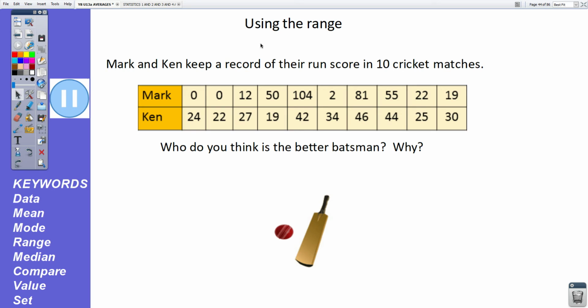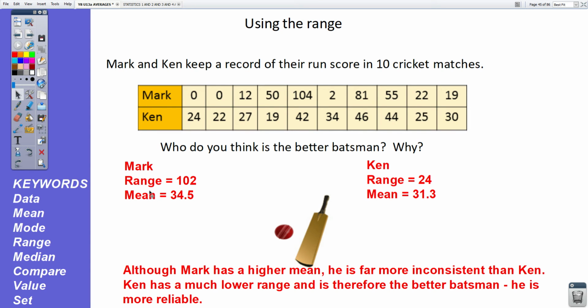We've got to use the range and the mean, the tools at our command, in order to interpret the data. So, pause the video, have a go at this, and unpause the video when you are ready to assess your answers. Okay, let's have a look.